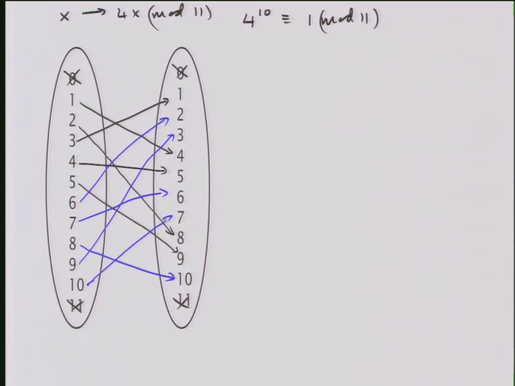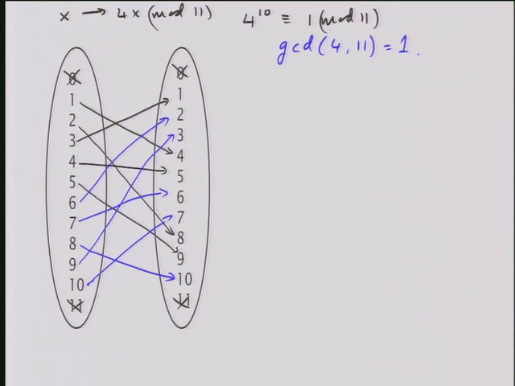How do we know it's a bijection? Could we have said before we started that it must be a bijection? 4 and 11 are relatively prime, because 11 is a prime. So the GCD of 4 and 11 is 1. And that tells you that there's an inverse. So 4 inverse exists.